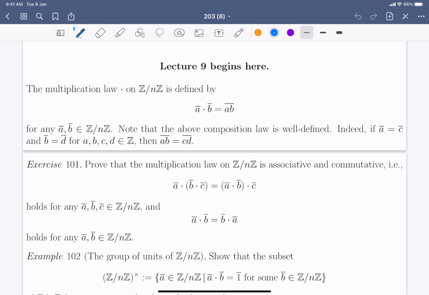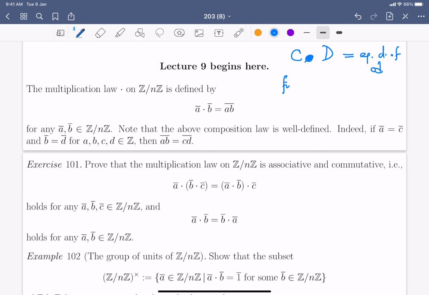So what do I mean by that? If you start with an equivalence class c-bar and an equivalence class d-bar, then their product c-bar times d-bar is defined to be the equivalence class of the integer cd.